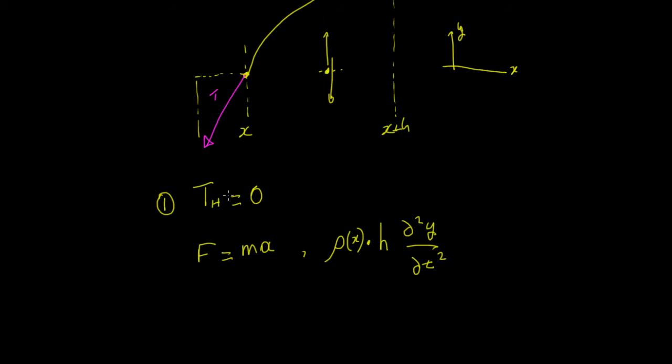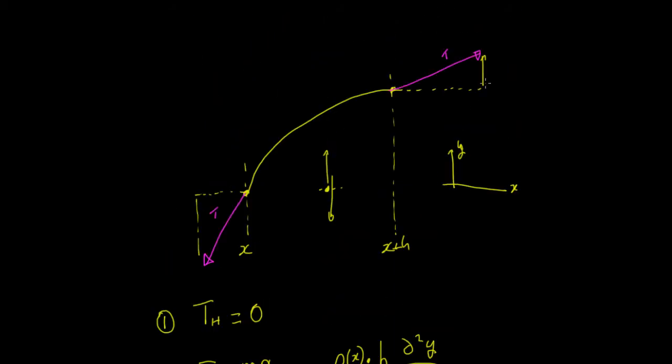Now the force, the only forces that we're going to have are the vertical force here and also a vertical force there. So if we're going to write these out, we call that angle theta and we call that angle there theta, then this height here is just going to be T sine theta, and that height there would be T sine theta as well, but it would be in the opposite direction, so it would actually be minus.